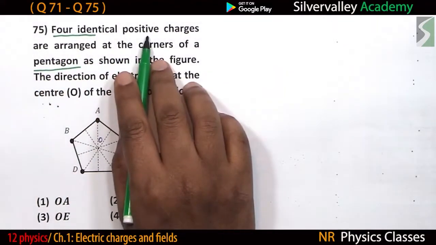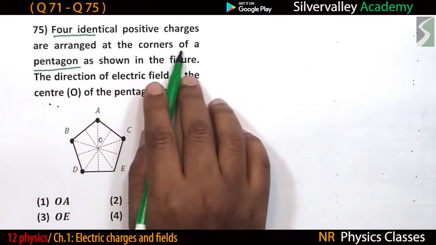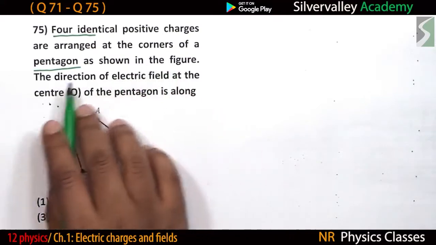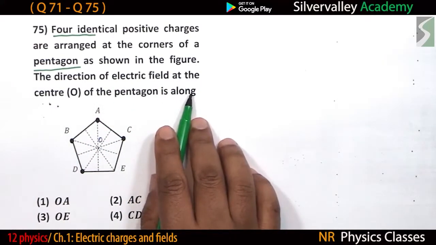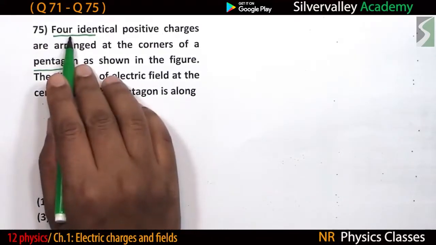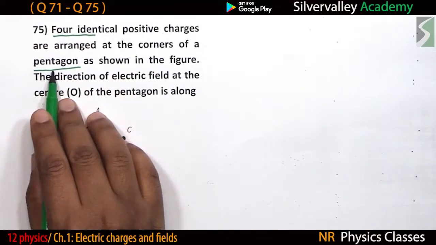Four identical positive charges are arranged at the corners of a pentagon as shown. The direction of electric field at the center of the pentagon: four charges, but it is a pentagon.